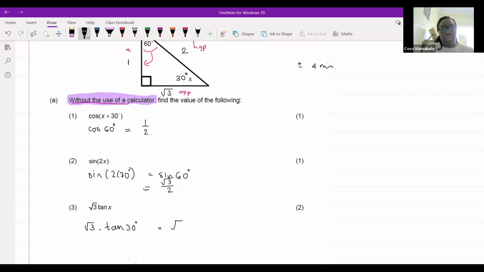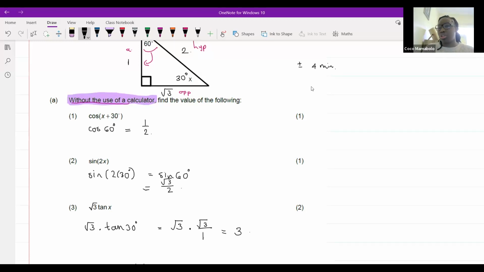And that's going to give us the square root of 3 multiplied by tan, which is opposite over adjacent, 1 over the root of 3, which is just the same as the root of 3. Therefore, my answer is just 3. All right. So those are my 3 answers.